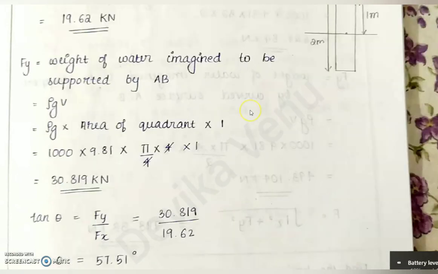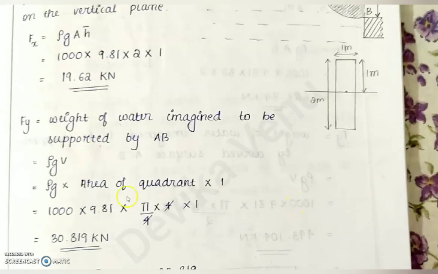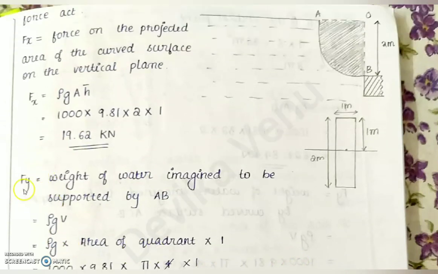Here the resultant force is not drawn. How will the resultant force be? In which quadrant does it lie? Fy is in the upward direction, I have explained the reason why, that is the positive direction. And Fx, the water is here, so the force will act like this, in the positive direction here.